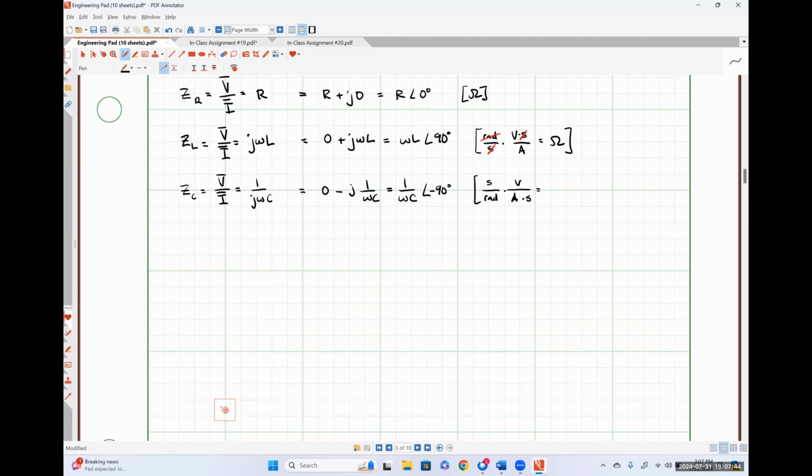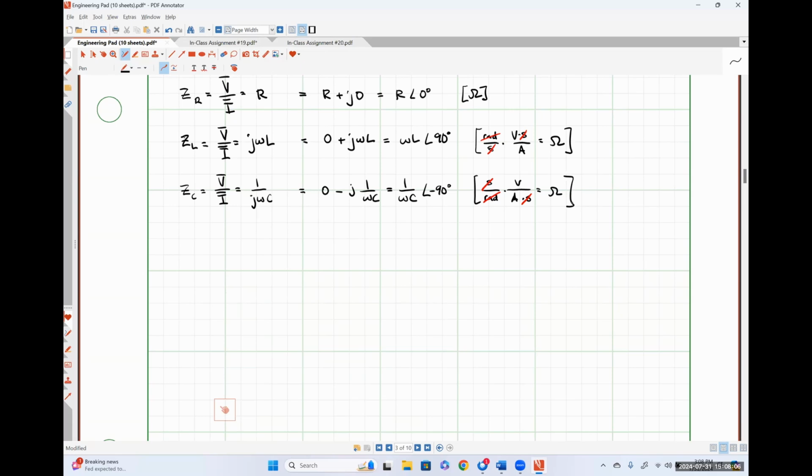Per volt. And so the seconds cancels the seconds. The radians is a dimensionless quantity. And we once again have volts per amp, which we know is just a fancy term for an ohm. So the impedance of a capacitor is also measured in ohms.